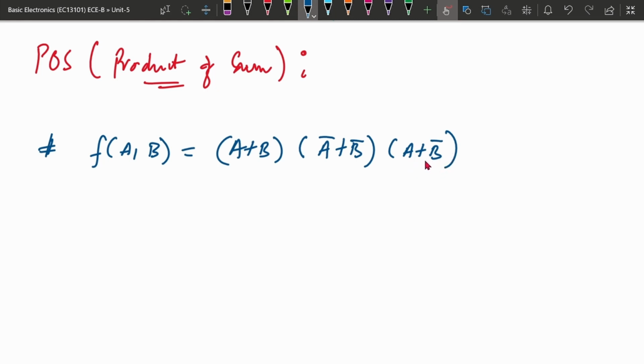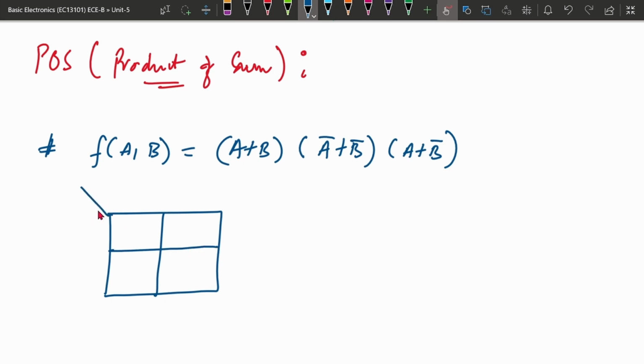Now it is a two variable K-map, so we will draw a two variable K-map. In the sum of product case it was 0 and 1, where 0 was explaining A bar. Now in this case, this 0 will be for A and A bar will be for 1. Similarly here it is B, and this will be B bar.